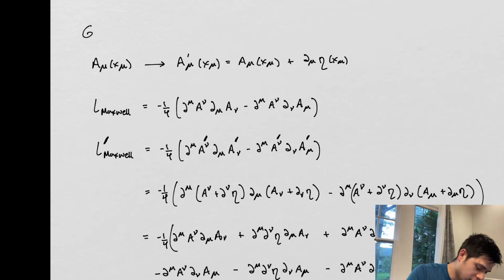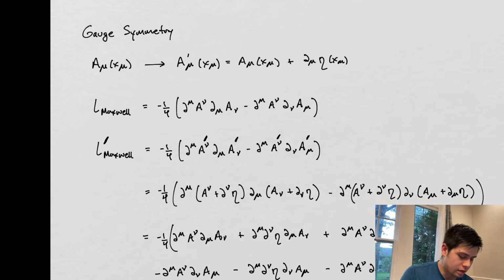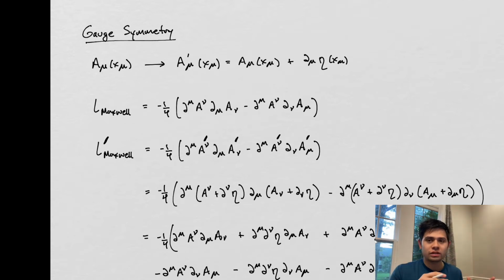I'll write this in. Gauge symmetry. And gauge symmetry is important in that it's going to help us identify Lagrangians that are invariant under some change in a function. And what do I mean by that?